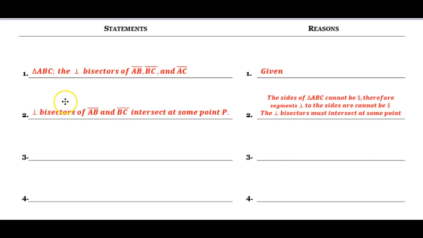Well, I have a triangle, so its sides cannot be parallel. Therefore, if I have segments that are perpendicular to them, those perpendicular segments cannot be parallel. So the perpendicular bisectors must intersect at some point. And I'm just going to call that point P.